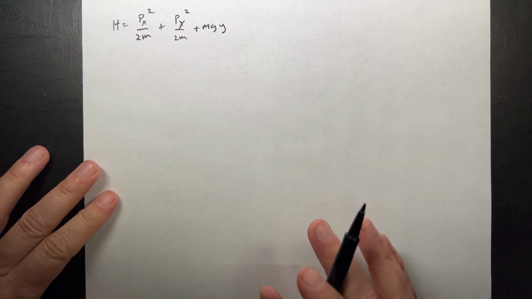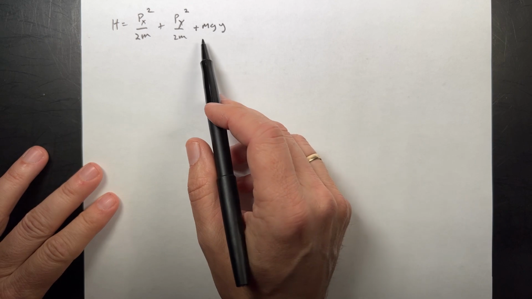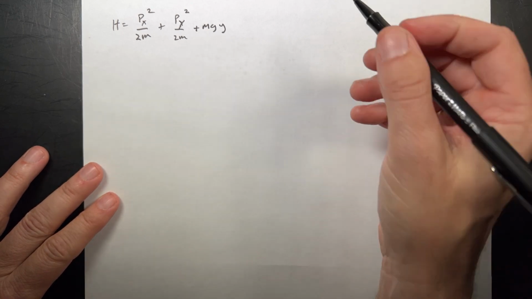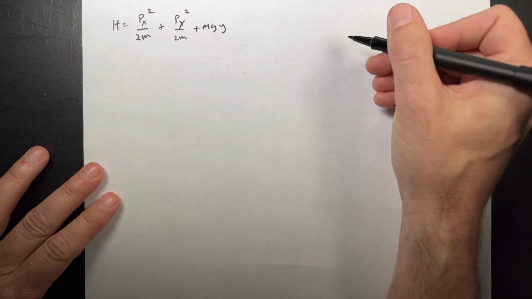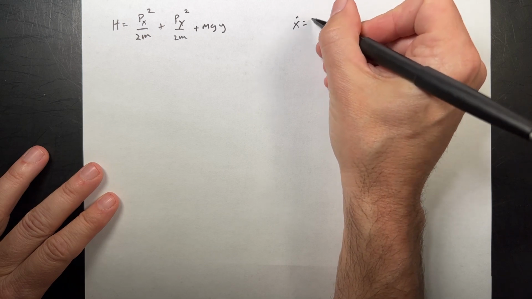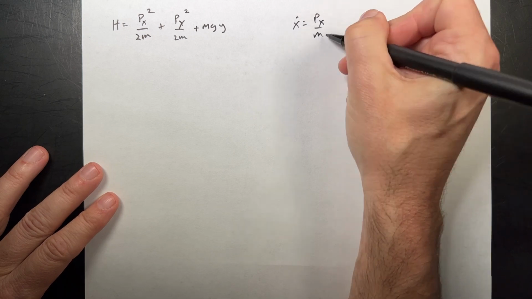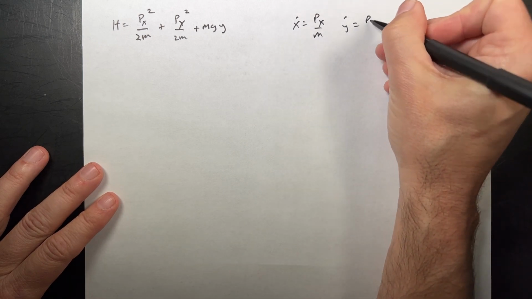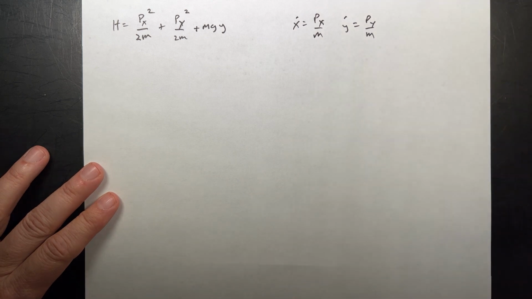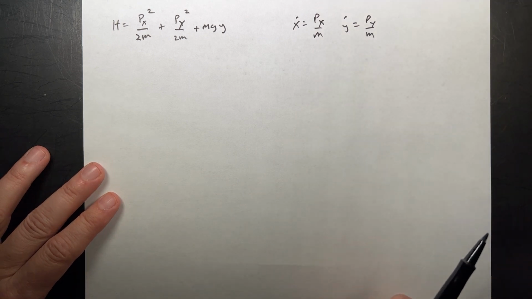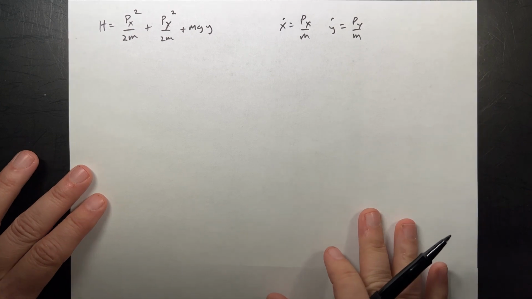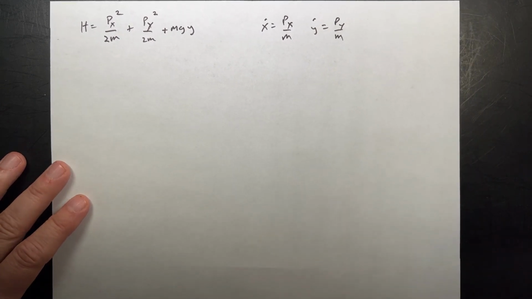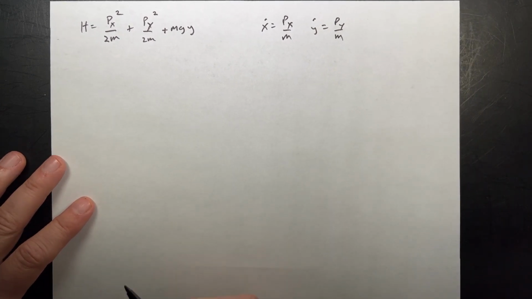Okay, so now we have H. Let me go ahead and write down my p's, because we might need this later. x dot is p_x over m, and y dot is p_y over m. Now we can use Hamilton's equations. There are two of them, and they are differential equations.